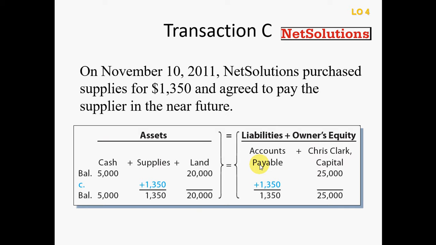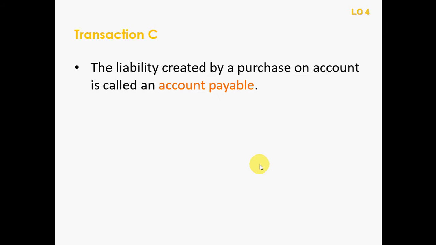So under assets, supplies have increased by 1,350, and under liabilities, accounts payable has increased by 1,350. So there is an addition of 1,350 on both the left and right side. Okay, the liability created by purchasing on account is called accounts payable. Whenever you buy certain things on account, that will be called accounts payable.